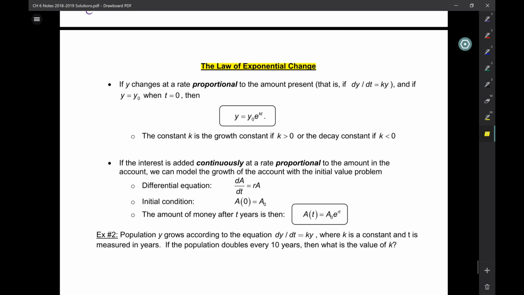If you triple the amount of water, it triples how fast it's running out. That means the rate something is happening, how fast something is happening, is proportional to how much you have. That is how we say that the rate is proportional to the amount present.